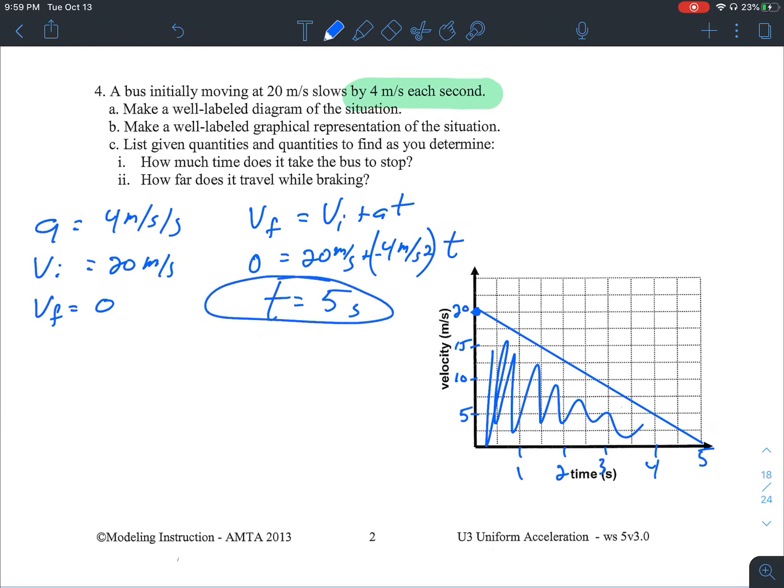So then how far? If we didn't want to take the area under that curve, there's 2 equations that we have. I'm just going to go with the first that we've talked about in our list. Either one would work. You'll see that in some of the equations, if there is a lot of squares or square roots, that may become a source of error for you in forgetting to press that button.